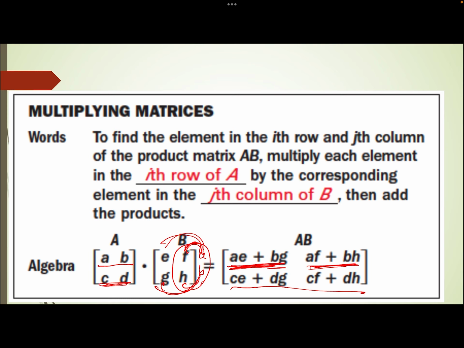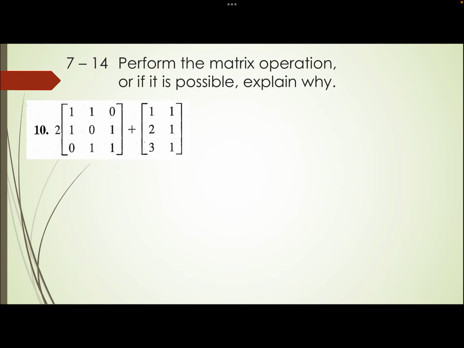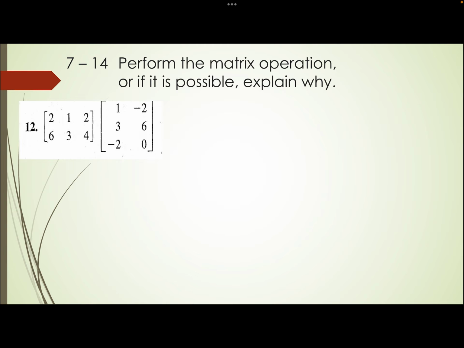So let's try this with one of these problems now. Let's go back to number 12. Now, to figure out if matrix multiplication is possible, we want to look at the dimensions. So remember, dimensions are row by column. So we're going to go row by column, and this one is row by column.